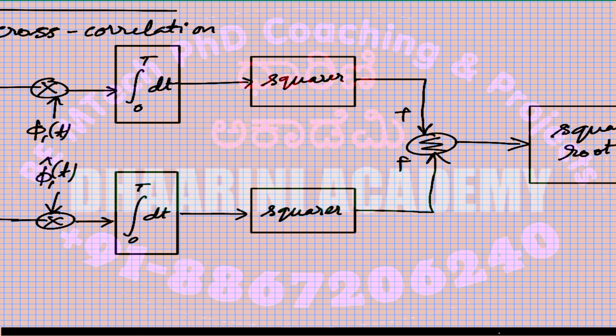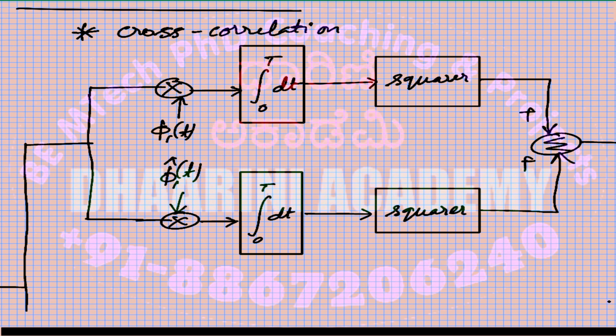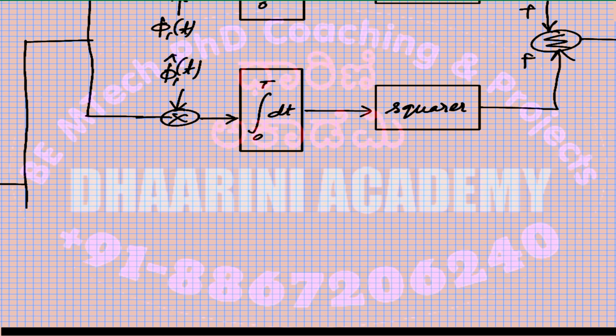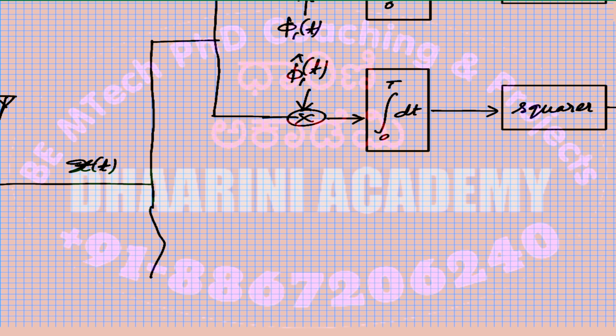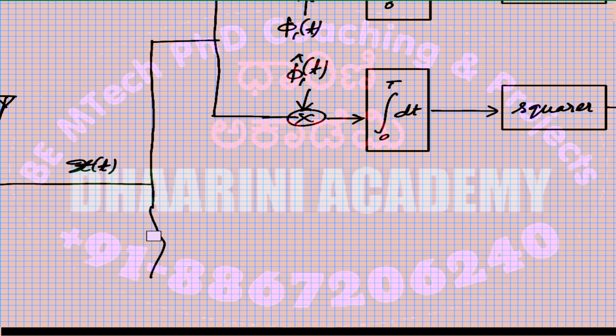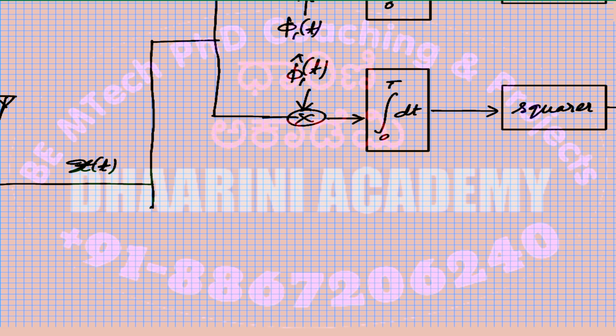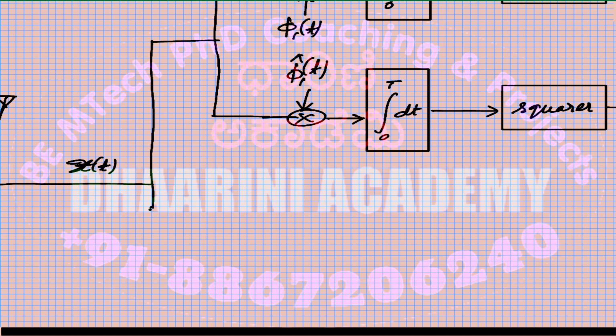That is, let's go back. Phi 2. So this will be repeated again with phi 2 as the second signal that we need to consider.